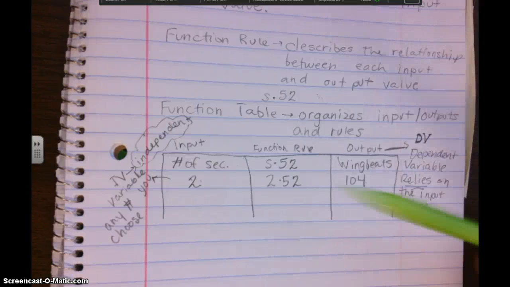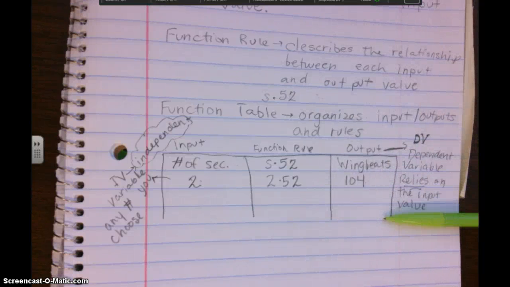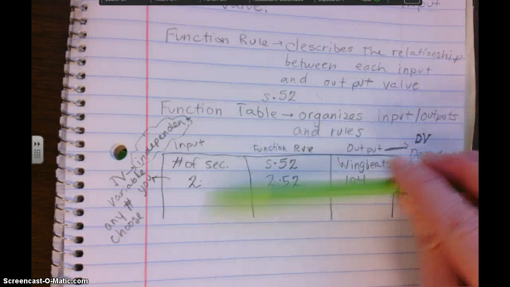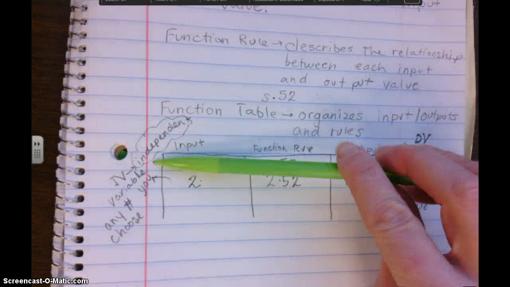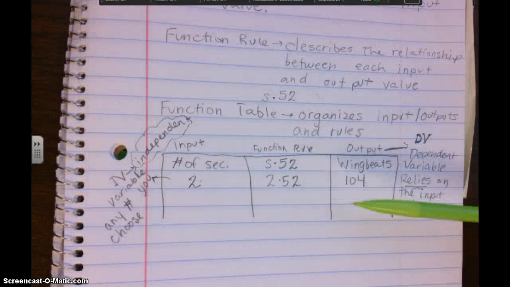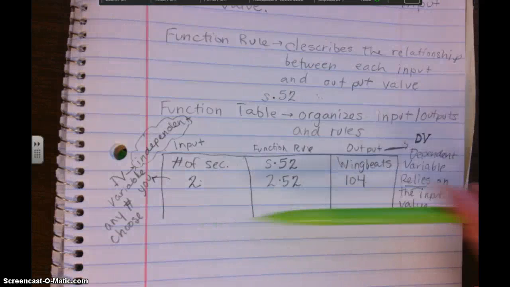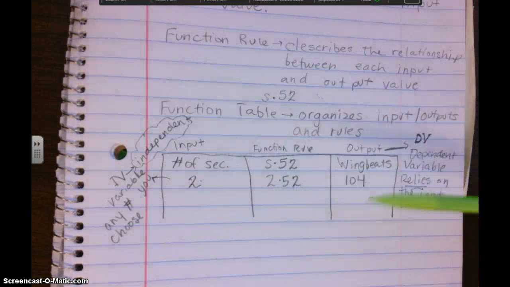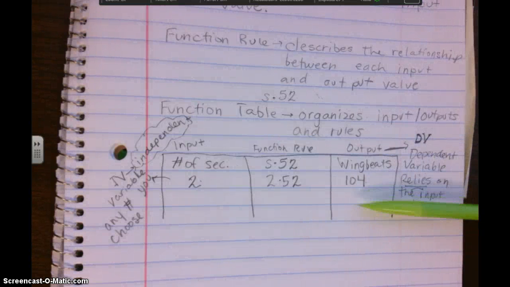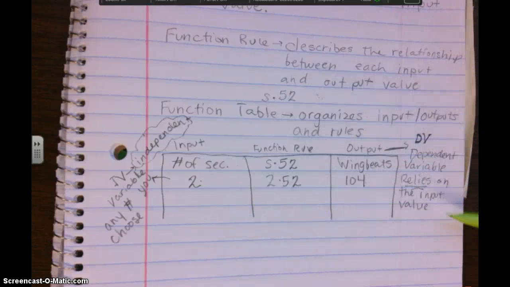But just keep in the back of your mind as you are doing the functions tables today that our input values, any number that we want to put into the formula, is also known as the independent variable. The rule, the relationship that tells us how to get either one of the inputs or outputs, goes in the middle, and then our output value is dependent on the numbers that we plug into the rule. So it depends, what comes out depends on what number we have put in.